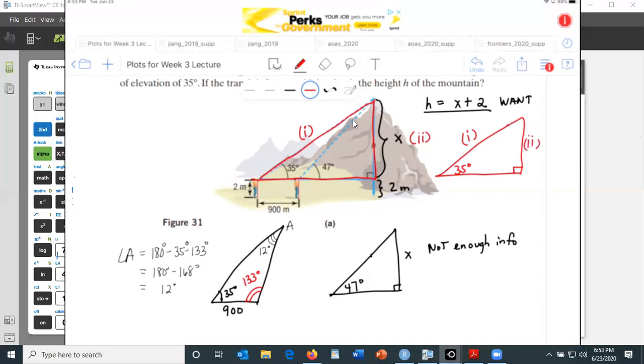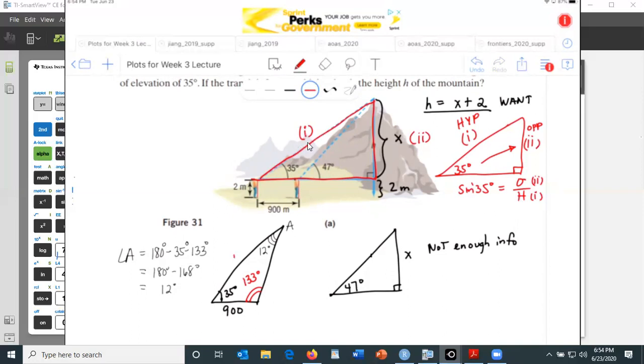Notice that's a right triangle with an opposite side and a hypotenuse, so I can just use the sine of 35 and opposite over hypotenuse to solve for part 2. That would be part 2 over part 1. I can solve for part 2 once I get part 1, but my final answer depends on part 1, so I need to get part 1 first.